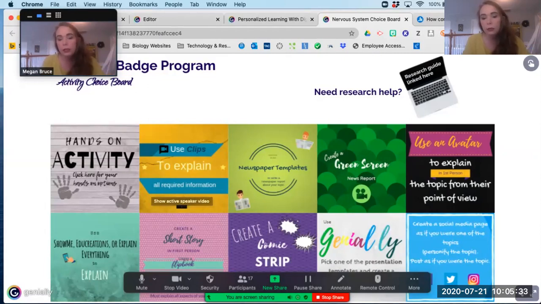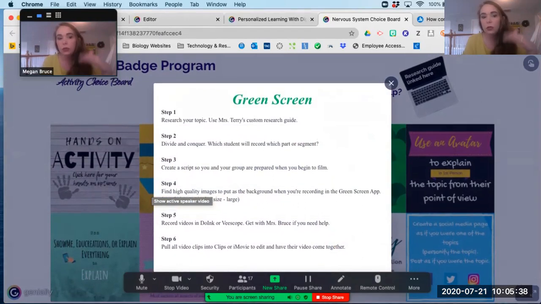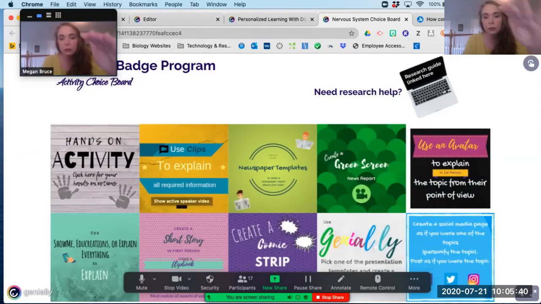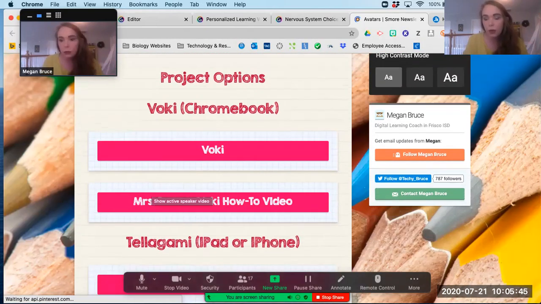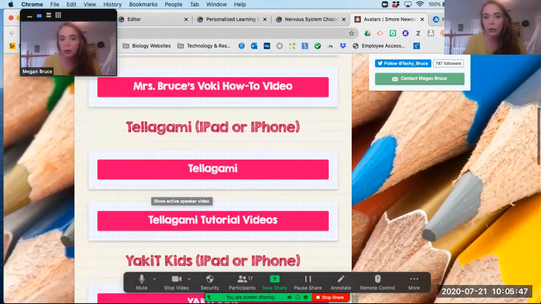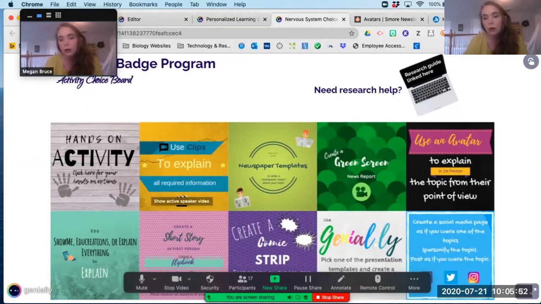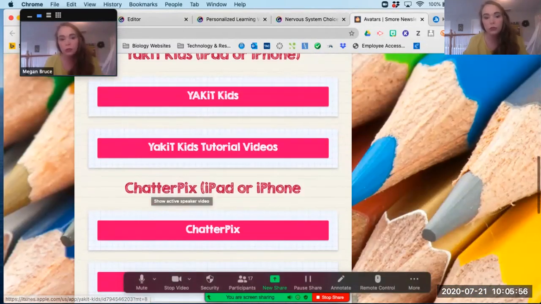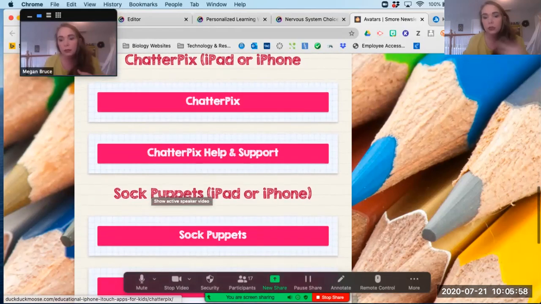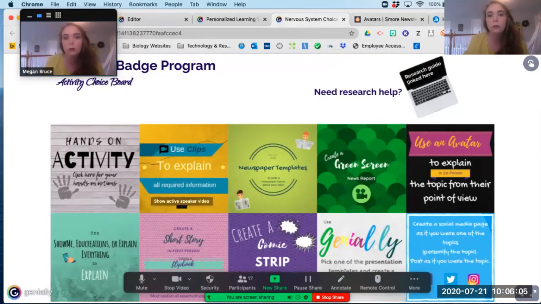Or they could click any of these, and what these link to are just how to do it. Sometimes we put that content right in there, or sometimes we linked it out to how-to guides that I already had created. So if they wanted to use an avatar, for example, they could click on that. They could see that they could choose a Telegami, or they could choose Chatterpix, and they could talk and vocally or orally explain what they had mastered in this unit.